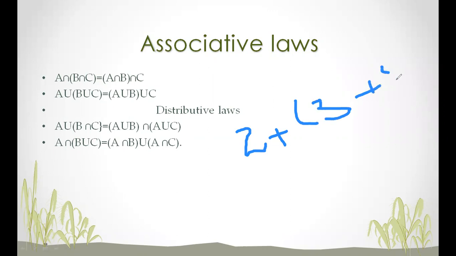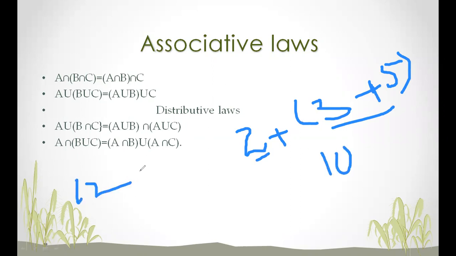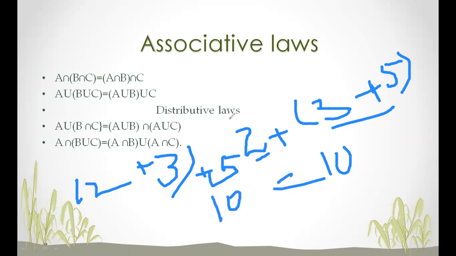You can calculate by adding first 3 plus 5, which is 8, then adding 2, which gives 10. Or add first 2 plus 3, which is 5, then add 5, and 5 plus 5 is 10. So they have equal answers. This is the associative law of addition.